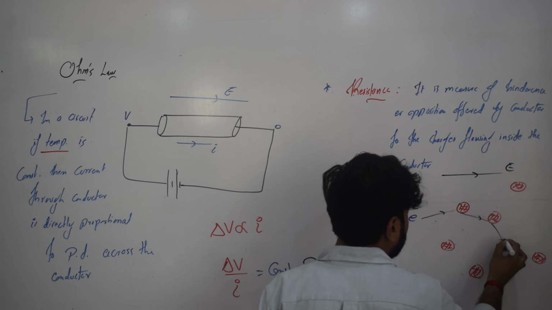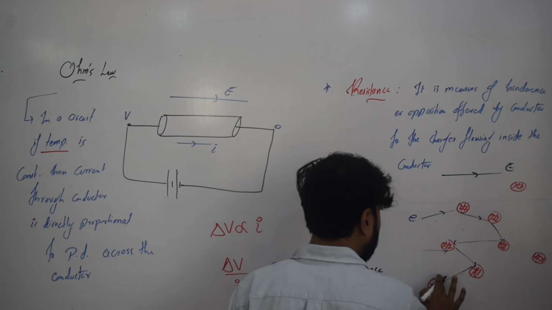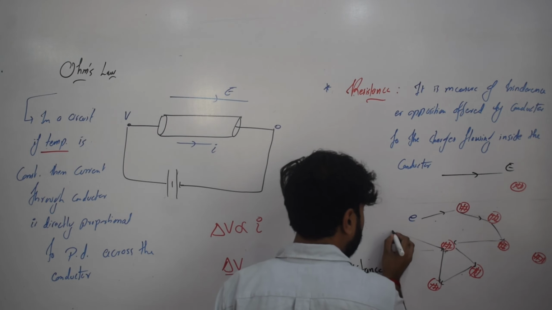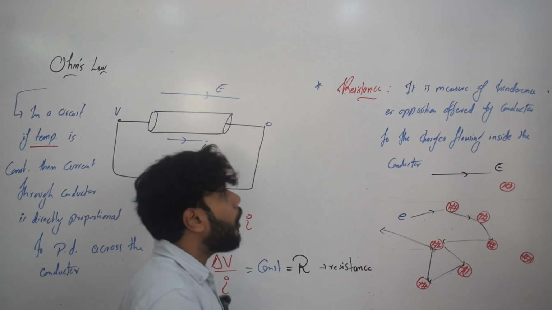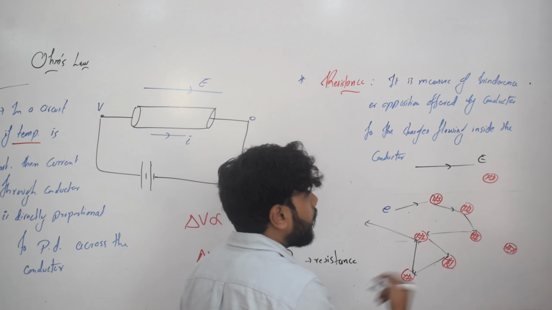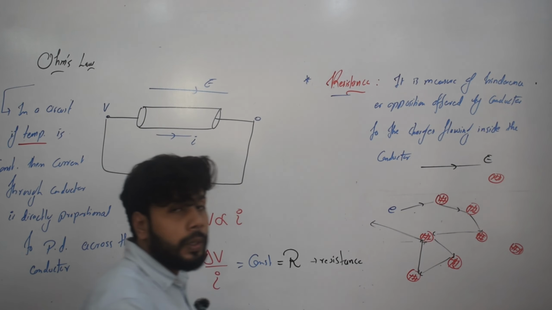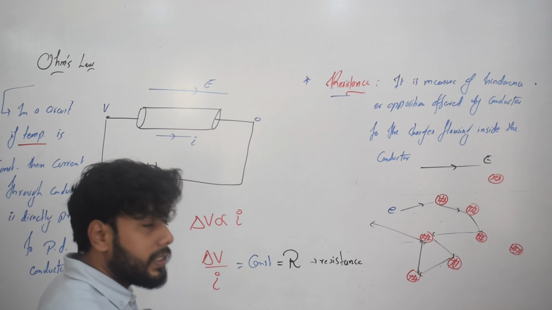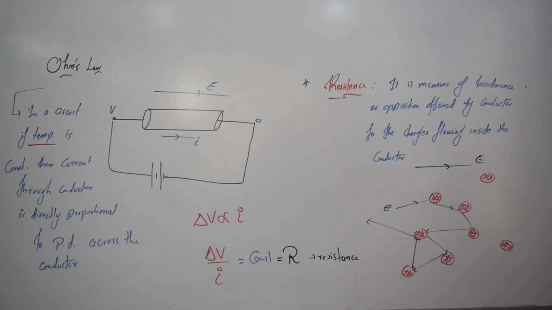We have discussed this. So this collision with the kernel offers what? Opposition to the flow of charges in the direction opposite of the electric field. This opposition is nothing else, it is our resistance. So the measure of the opposition offered by the conductor itself to the charges flowing inside the conductor, that is our resistance.